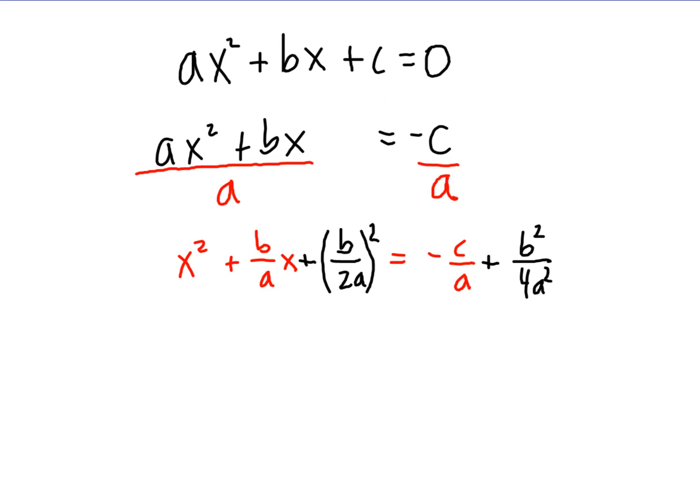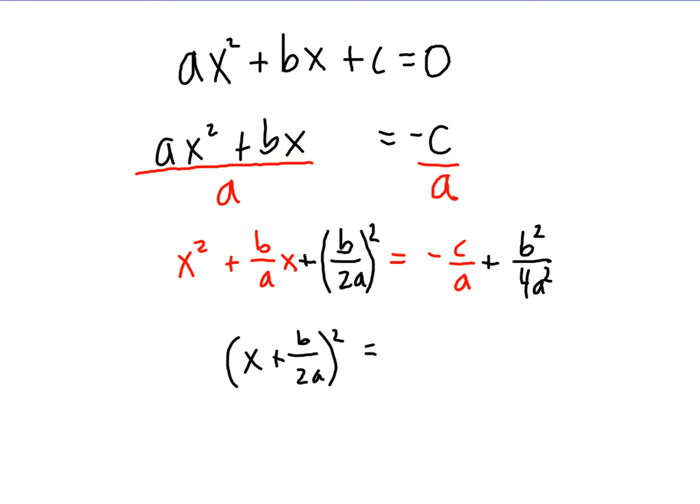And now let's rewrite this. This is now a perfect square, so we can write it as a binomial squared. And here I want to achieve a common denominator.